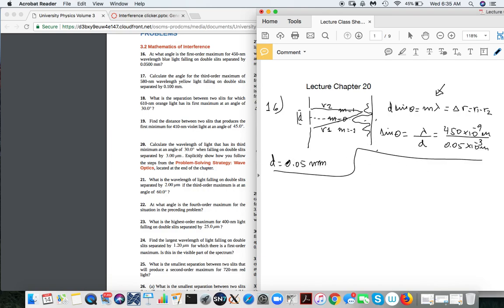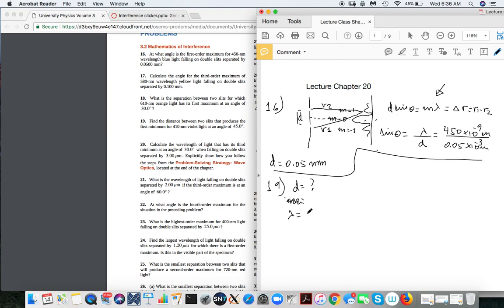So 17, 18, let's try 19. Find the distance between the two slits. Now we want to find d, which we don't know. And the first minimum, so m equals 1.